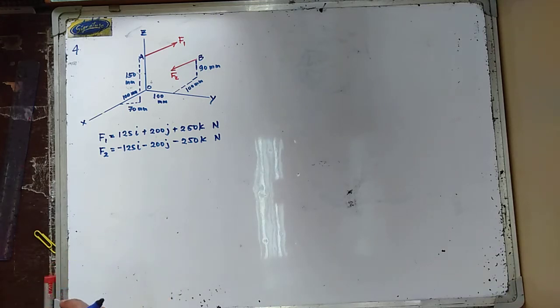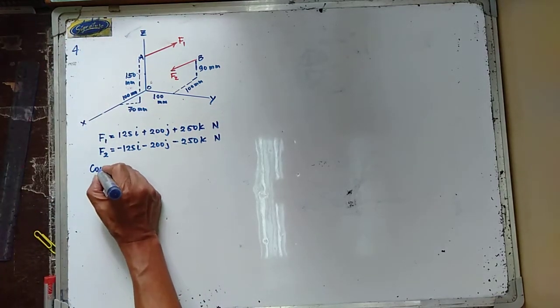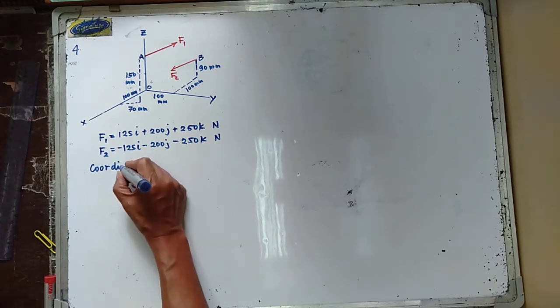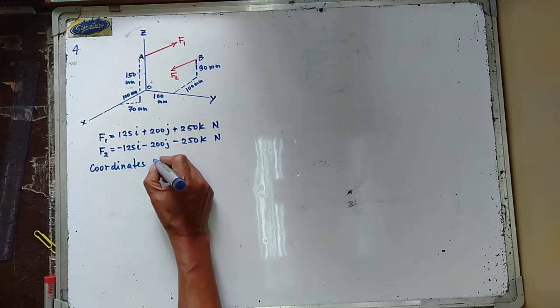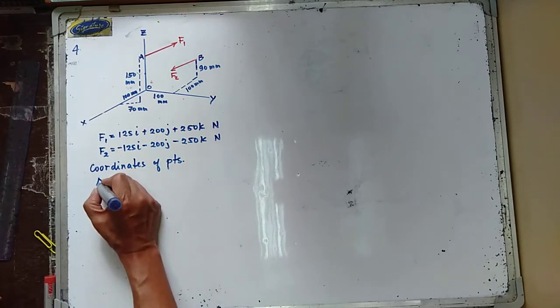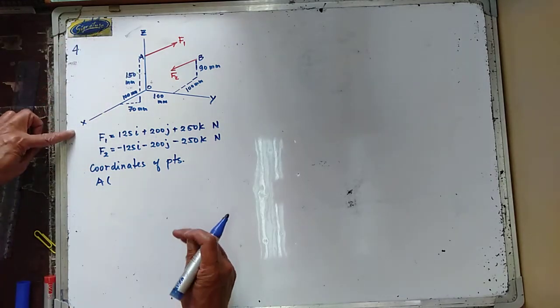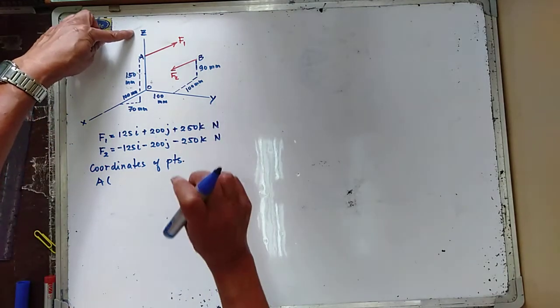First, let us get the coordinates of points A and B. So the coordinates of point A: this is the x-axis, the y-axis, and the z-axis.